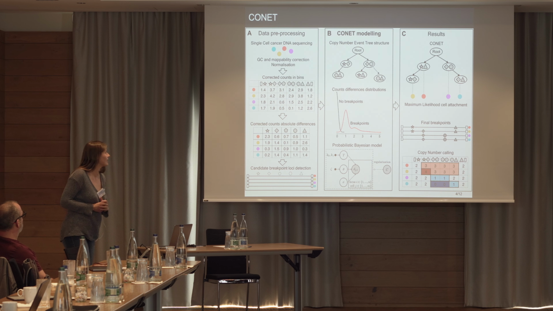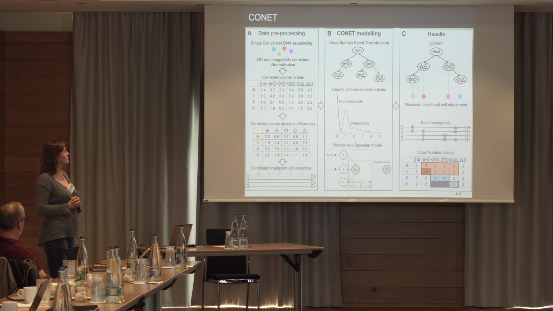Here you can see the overview of our model. In panel A, we have the data preprocessing steps, which are, of course, quite important. The colored dots signify single cells, and the gray shapes signify genomic loci. First, we need to correct the data for GC content and mappability and normalize it.